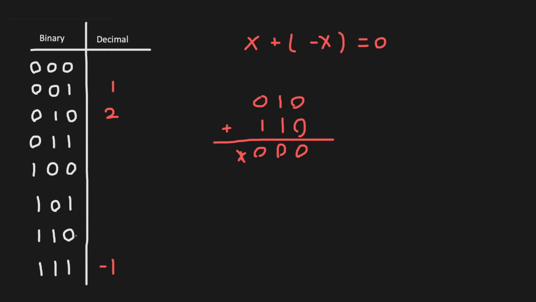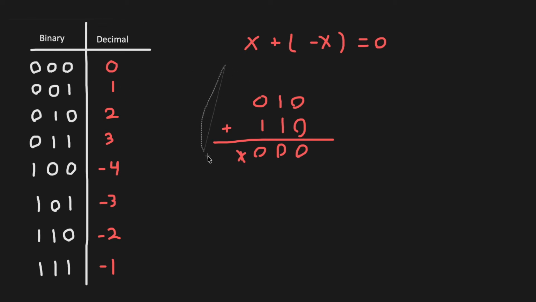And therefore 1, 1, 0 is negative 2. So we can continue filling in the table. This will be 3, and this turns out to be negative 3. And this turns out to be negative 4. And this is still 0. So this is how 2's complement represents negative numbers.